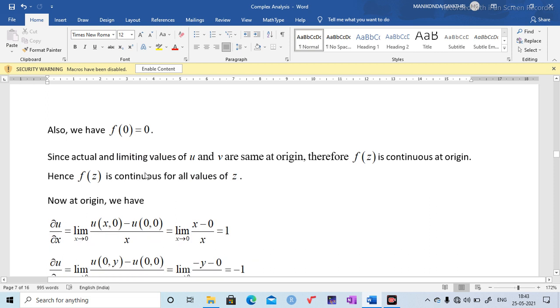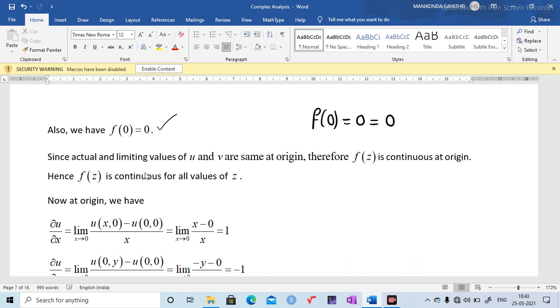Also we have f of 0 equal to 0. How? In the definition of f of z only, if z equal to 0, f of z equal to 0. By using that condition, I am going to write f of 0 equal to 0. Since actual and limiting values of u and v are same at the origin. So f of 0 equal to 0 means 0 can be written as 0 plus i0.